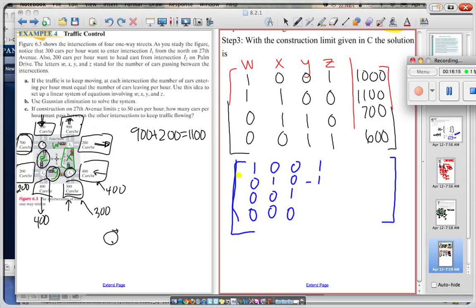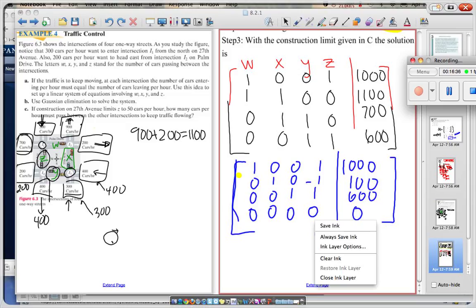It's telling me that it's going to be a dependent system. I see that bottom line saying that 0 equals 0, so I know it's a dependent system.